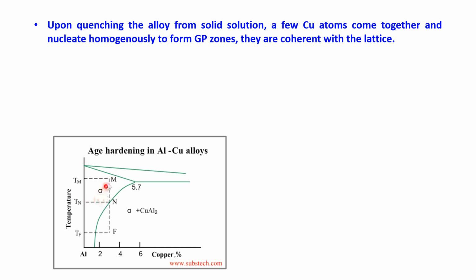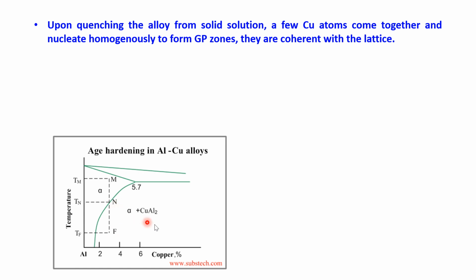From that alpha phase, we quench it to a point F, and from F, we slowly heat it up to the point N. This is the region where alpha plus CuAl2 is formed, which is the required precipitate. We can heat the material up to this to get the precipitate, because beyond this it will again become single phase alpha. So first we have our alloy at M, then we quench it to F, and then we slowly heat it to N.